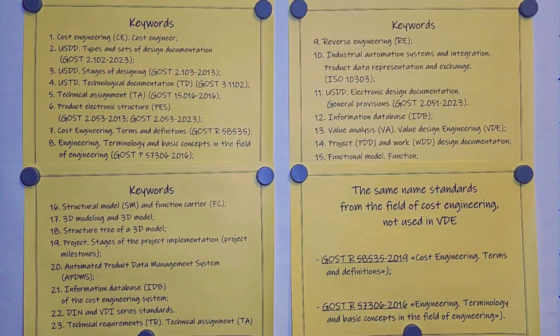Thus, the use of both of the above standards, which would seem to be closest named to the topic we are considering, in the activities of a design engineer and mechanical engineer, in my opinion, doesn't make much practical sense.